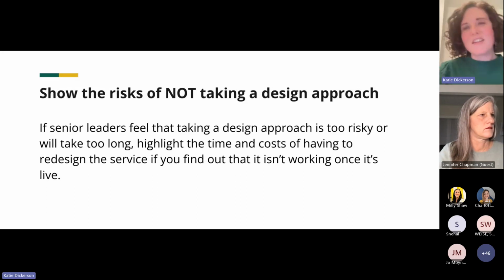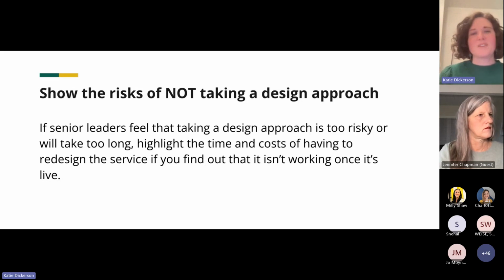Showing the risks of not taking a design approach can also be helpful. If senior leaders feel that taking a design approach is too risky or will take too long, highlight the time and costs of having to redesign the service if you find out it isn't working once it's live. They would say, oh, you want to do this 8-week discovery and that's just going to take too much time.